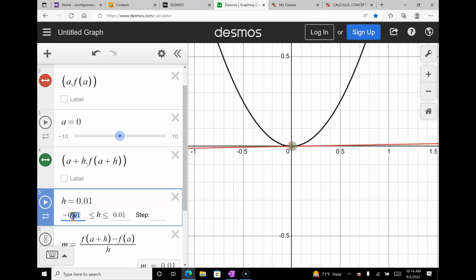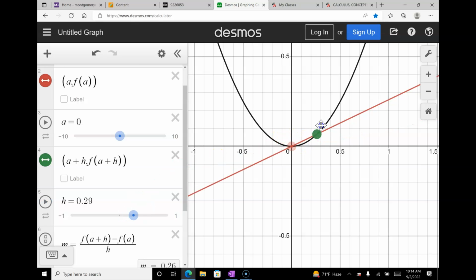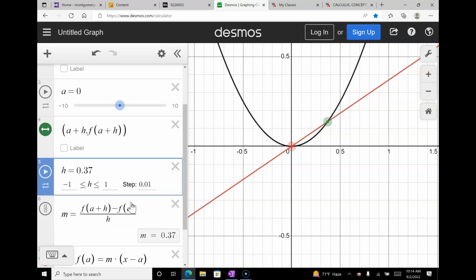No, let me change that. Let me go from -1 to 1 by a step of 0.01. That's what I want. So I want h to get to 0 quickly, right?